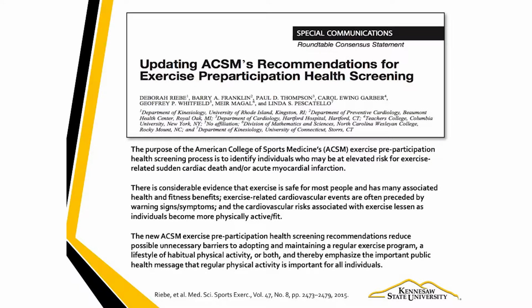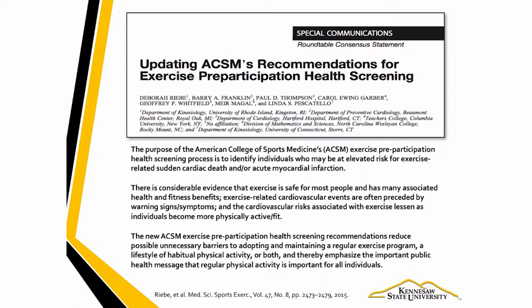As you work through your exercise program and curriculum, you should understand that those guidelines have changed. Before, we looked at the profile of the participant to see how many risk factors they had, and depending on that, they were classified as low, moderate, or high risk. If you have the most up-to-date guidelines, which is the 10th edition, you should see something very similar to what you'll see here in a second.